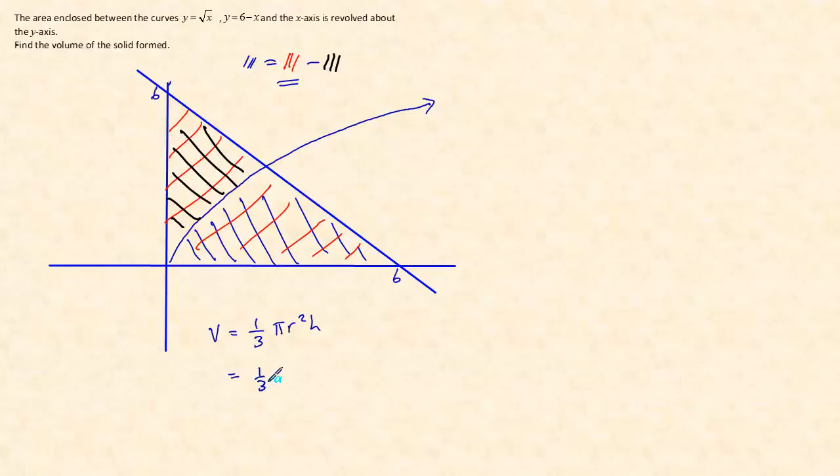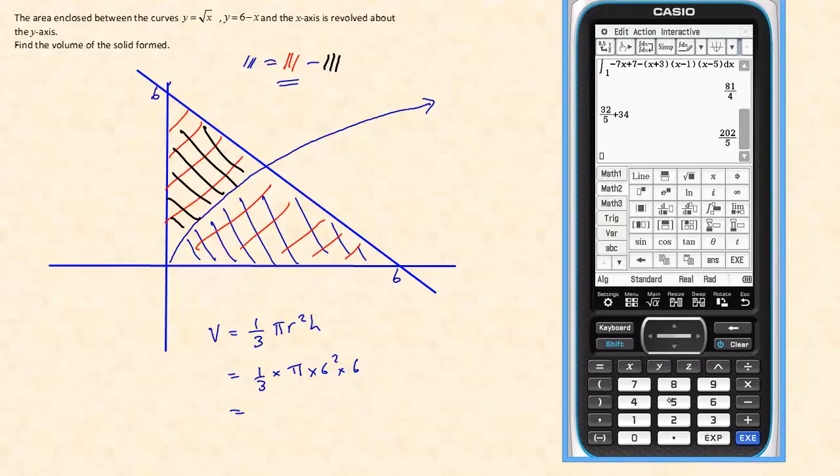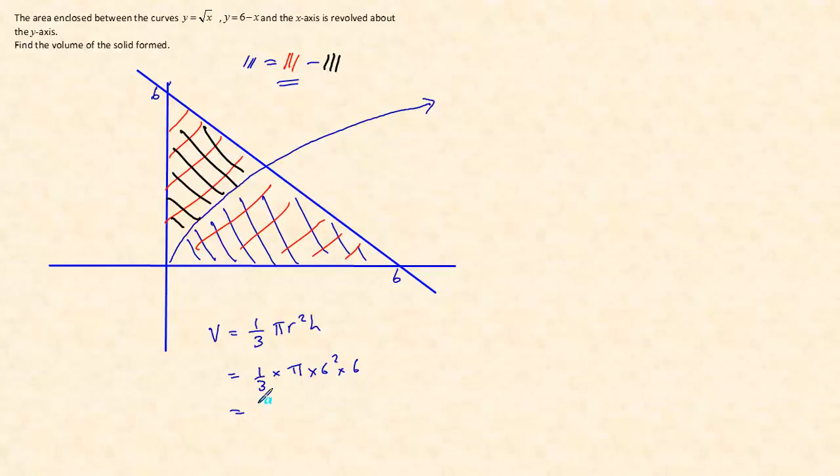So that's going to be 1/3 times pi times 6 squared times 6. So 6 squared times 6 is 216, and we can divide that by 3. So 72. So this one is going to be 72 pi cubic units. So that was the red.